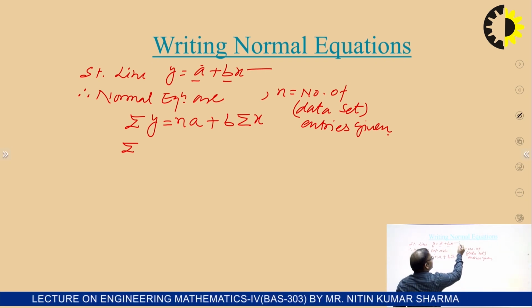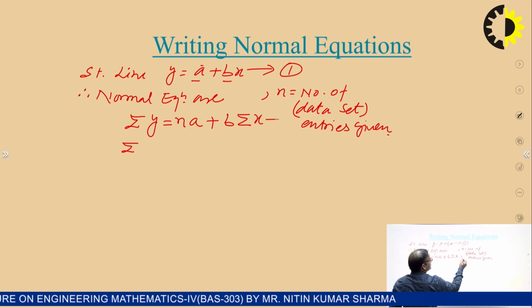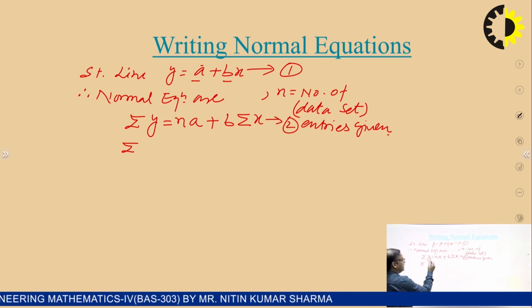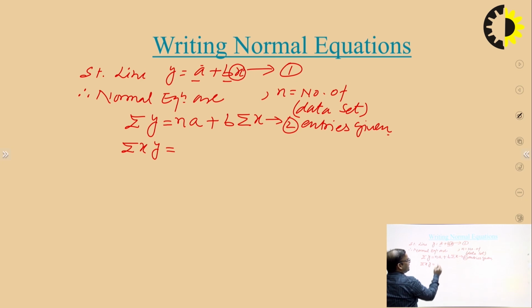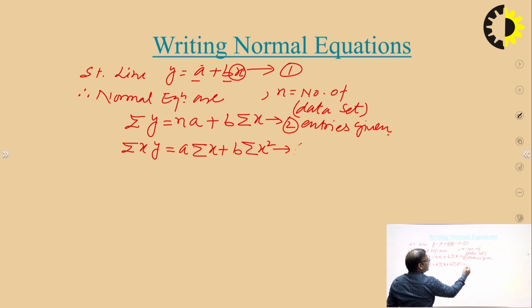We take the curve as equation 1 and this equation as equation number 2, and then here we write y and multiply it with x. So the next equation is sigma xy equals a sigma x plus b sigma x square. This is equation number 3, the next normal equation.